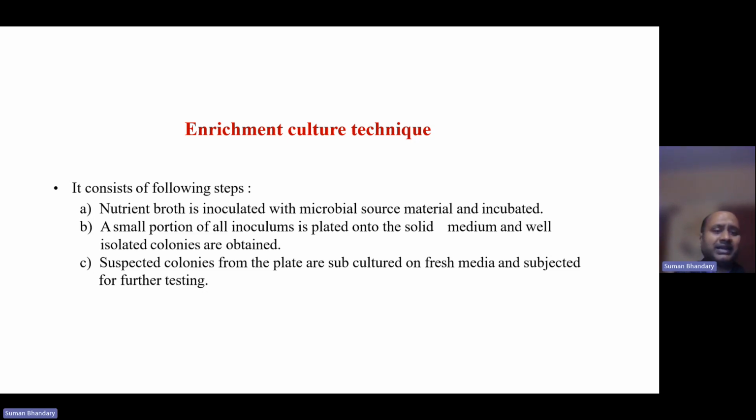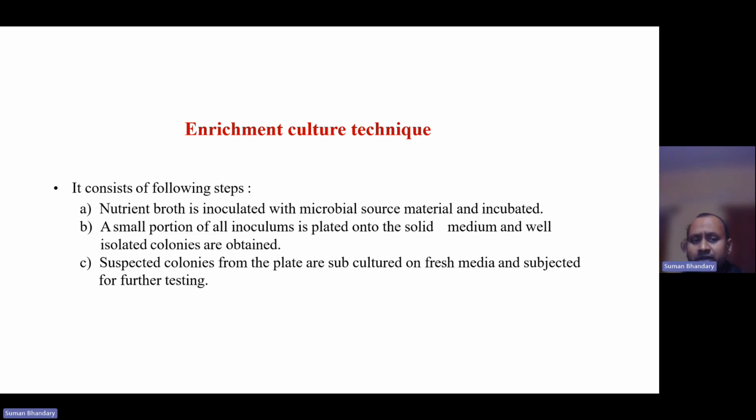Basically, this particular technique consists of the following steps. So first we need the nutrient broth, and the nutrient broth is inoculated with microbial source material and then incubated at a particular temperature.